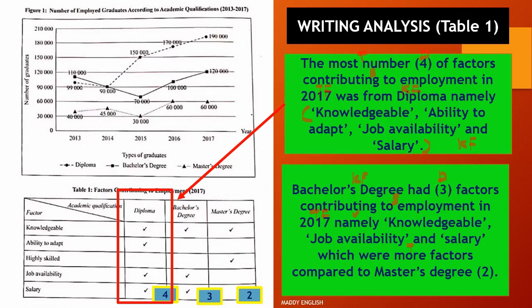So in this answer, I am making a comparison of bachelor's degree and master degree. And when I am able to do this, I will be given marks on more factors. And this is actually referring to the comparison of number of factors for bachelor's degree and master degree. Get it?